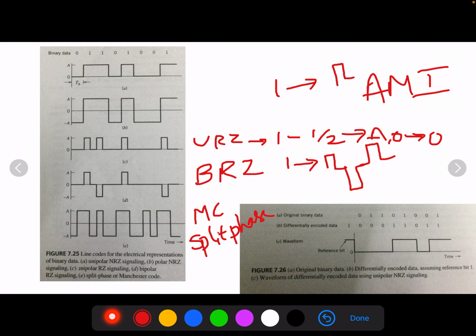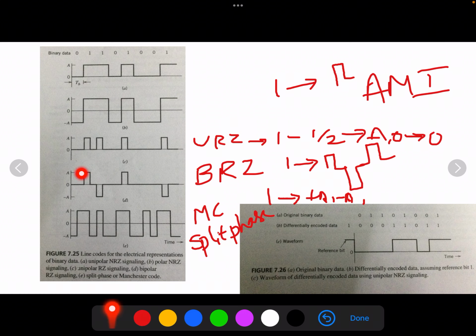So in this method of signaling, symbol 1 is represented as a positive pulse of A followed by a negative pulse of A, plus A, minus A, like this, with both the pulses being half symbol wide. 0 is represented as 2 pulses that are reversed. So the Manchester coding looks like this.